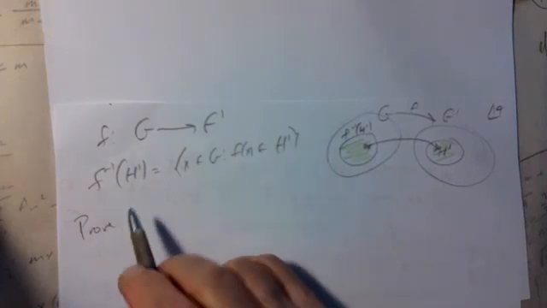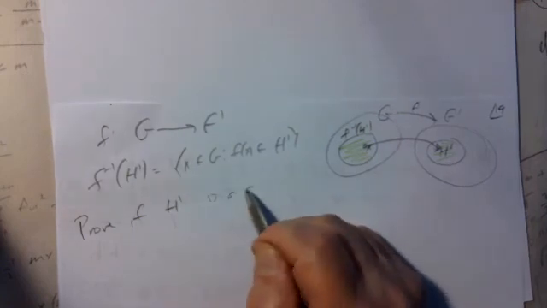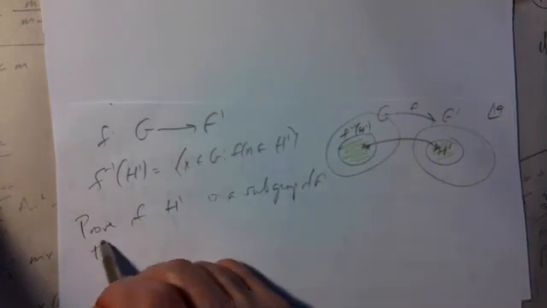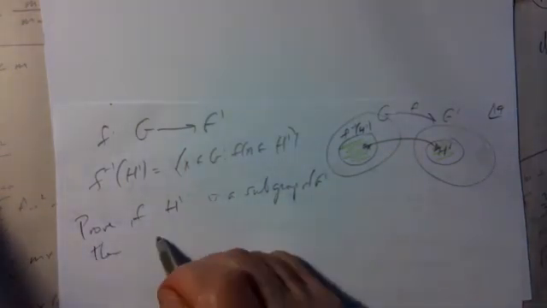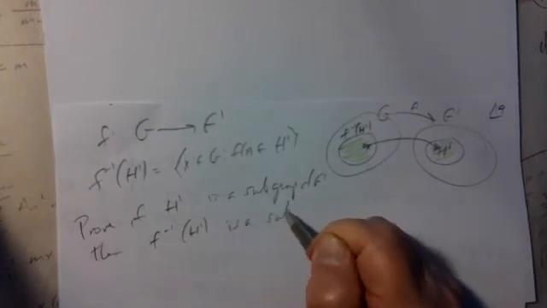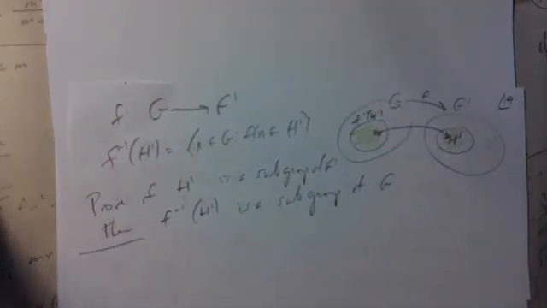And we want to prove that if H prime is a subgroup of G prime, then f inverse of H prime is a subgroup of G. So again, we have to prove the three requirements for a subgroup: that it is closed under multiplication, contains the identity, and contains the inverse of each of its elements.